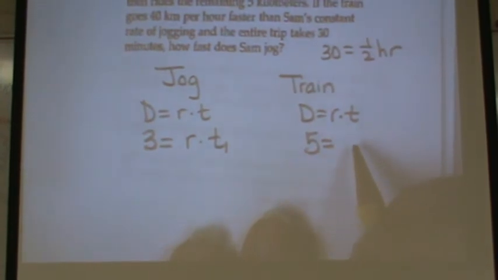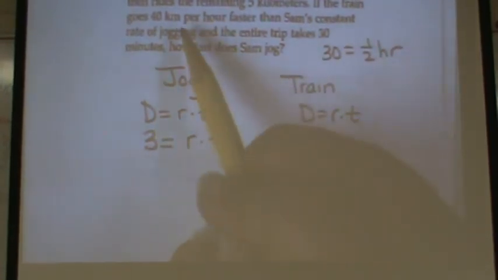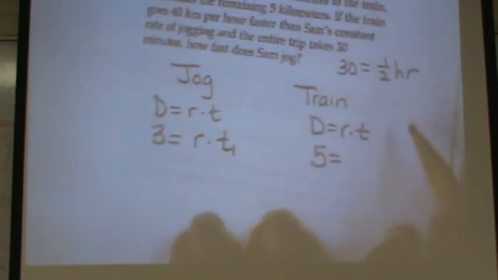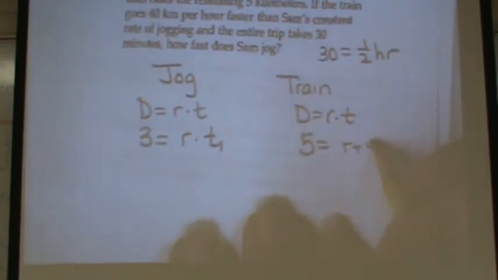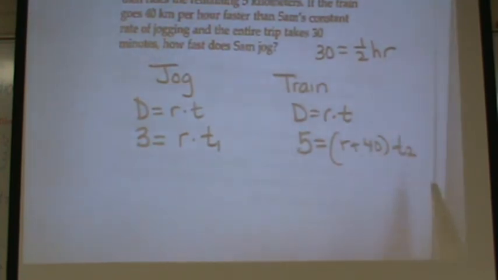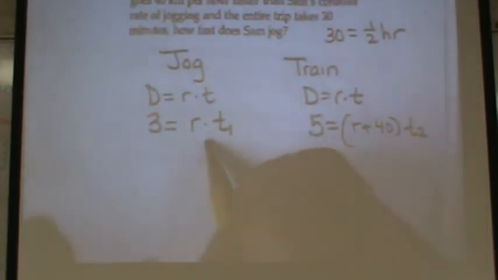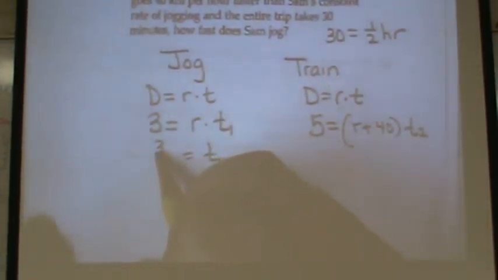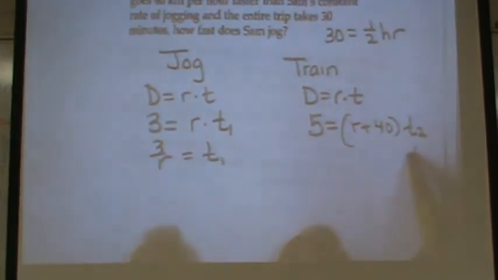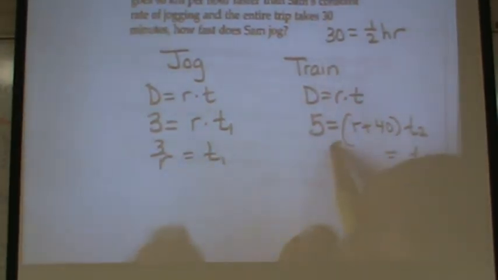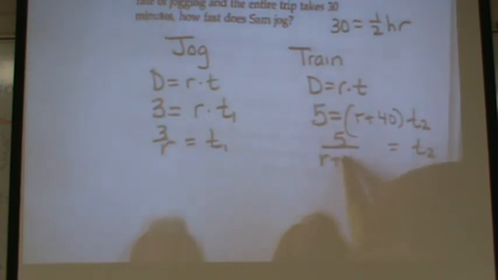We do know that the train is 40 kilometers faster than his jog, so R plus 40, but we don't know the time. We're going to call that T2. So what you're going to do is solve this for T1. T1 is 3 over R, and T2 is 5 over R plus 40.